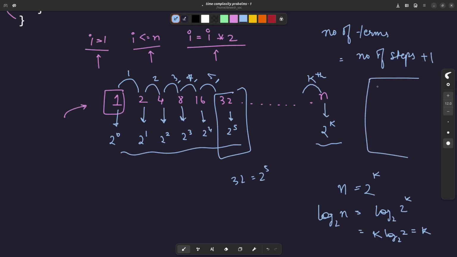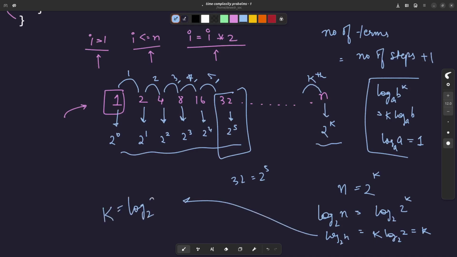For those who don't know, log base a of b to the power k is equal to k log base a of b, and log base a of a is equal to 1. So by that we can say that from here we get k is equal to log base 2 of n.